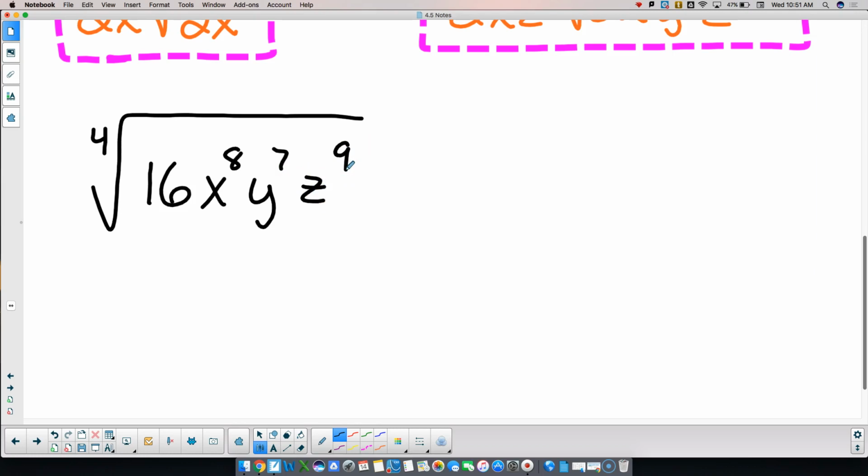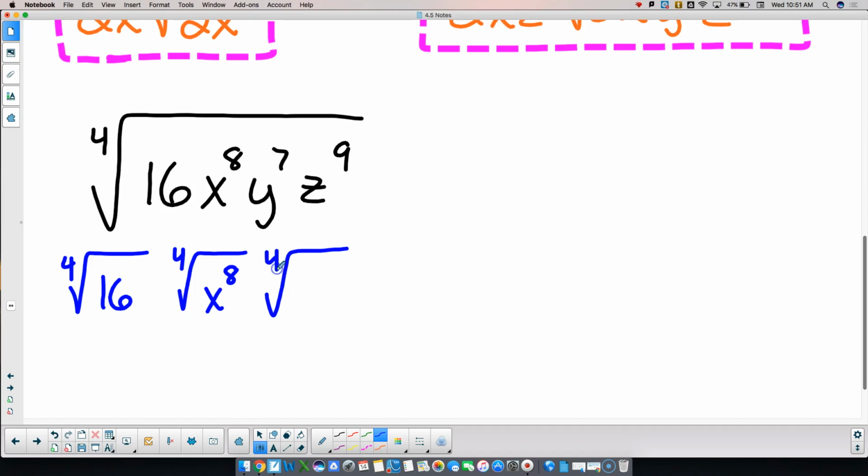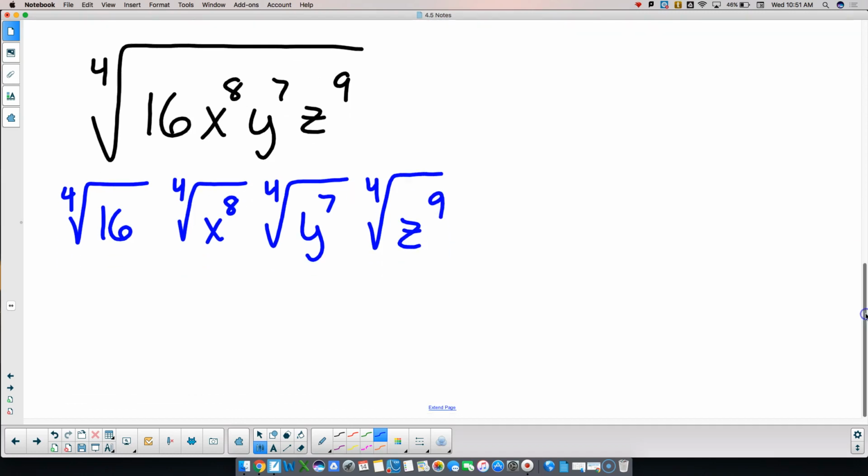And I would say that this would be the fourth root of 16, the fourth root of x to the 8th, the fourth root of y to the 7th, and the fourth root of z to the 9th. Agree with breaking it up like that? This one becomes 2, because it's on my list. This one becomes x squared.